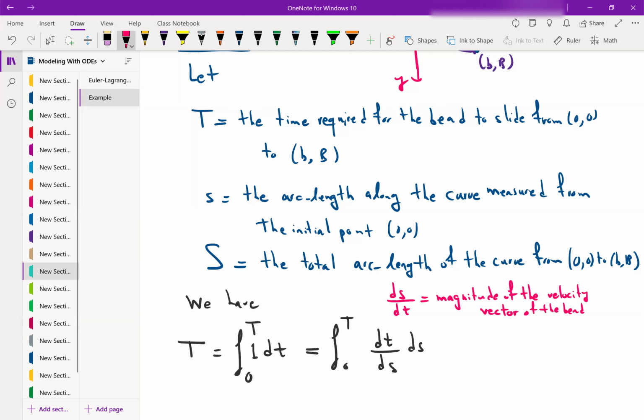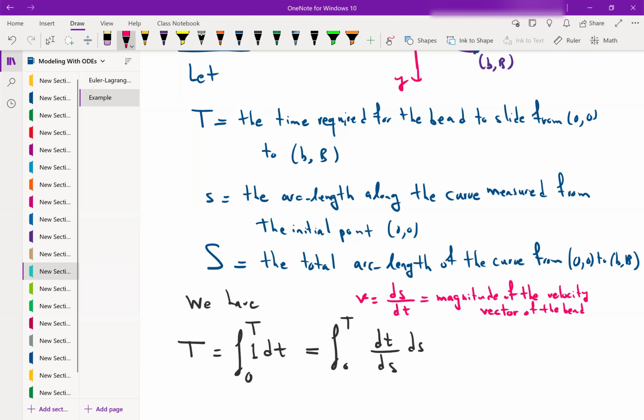So I'm going to denote this little v. Little v is the speed, the magnitude of the velocity vector. So if ds/dt is little v, dt/ds will be 1 over v. And again, here we are using a little bit of calculus, because ds/dt is not really a fraction.